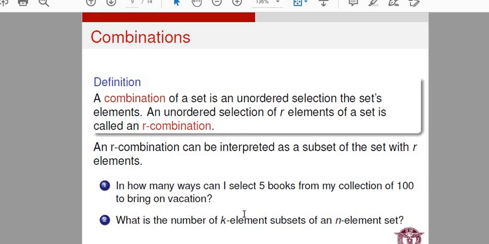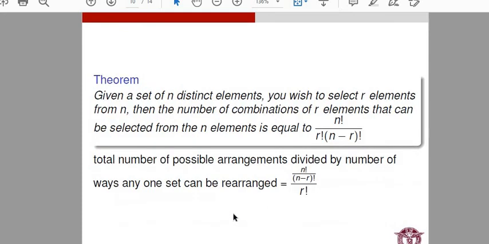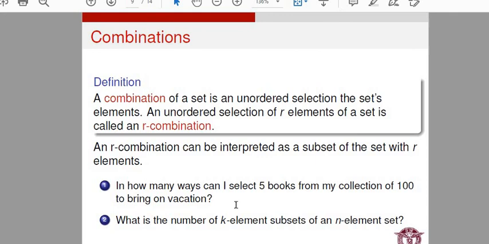And what is the number of k-element subsets of an n-element set? Because here order is not important, right? In how many ways can I select 5 books from a collection of 100 to bring on vacation, okay?